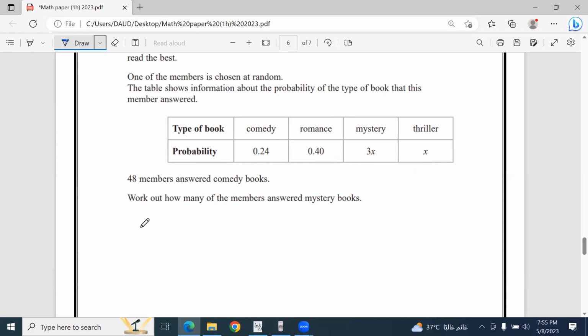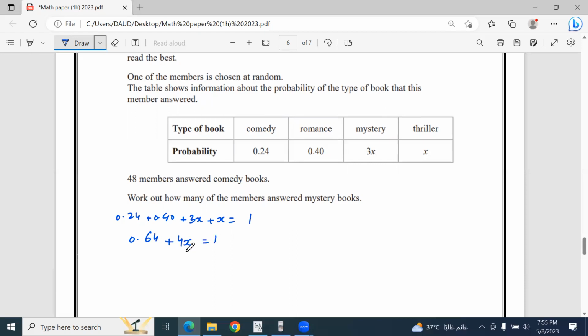So I will use the algebraic concept also, but we know the range of probability is 0 to 1. So 0.24 plus 0.40 plus 3x plus x is equal to 1. So if we add these two, it would be 0.64 plus 4x.